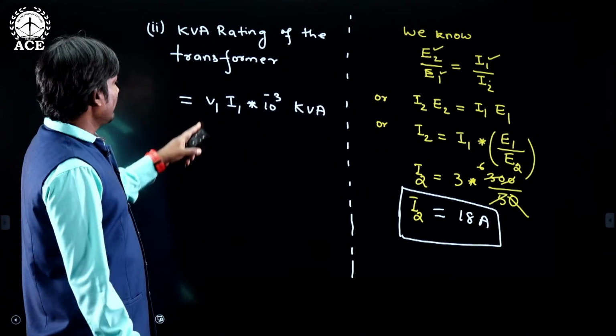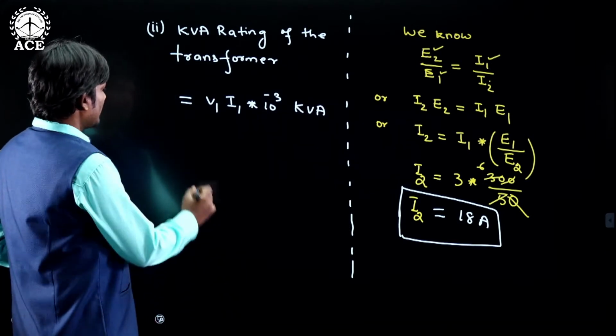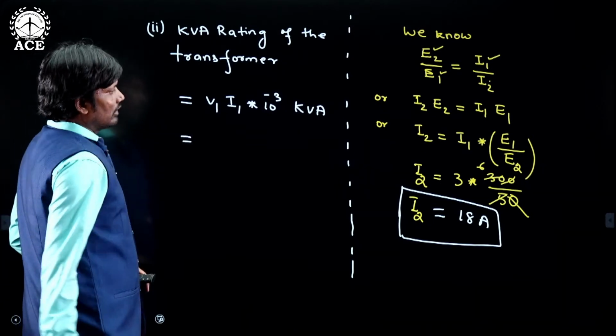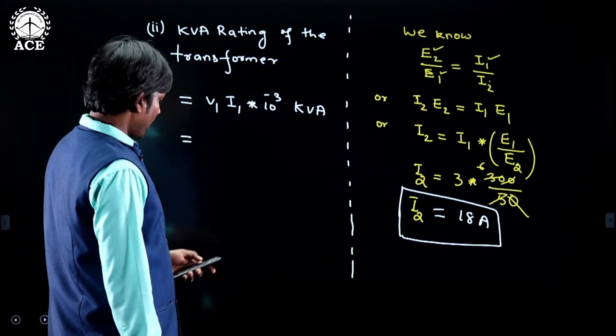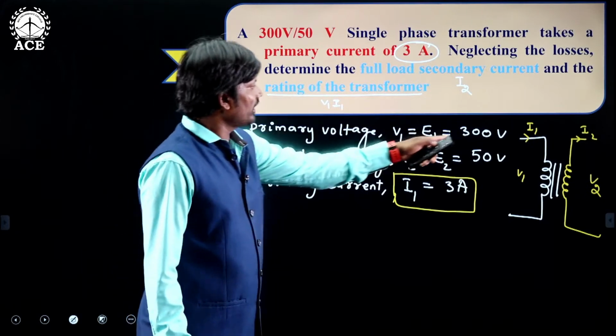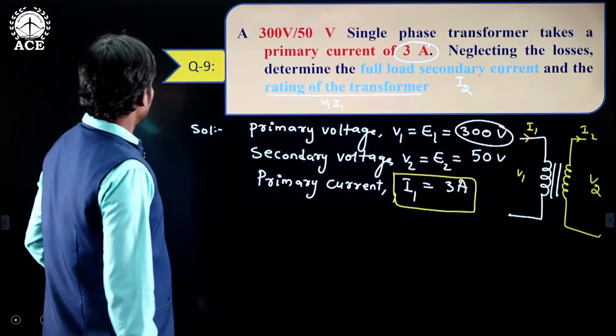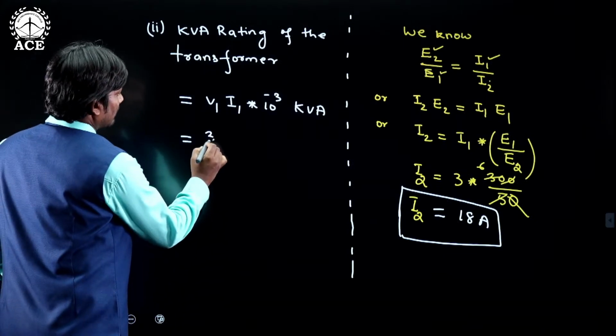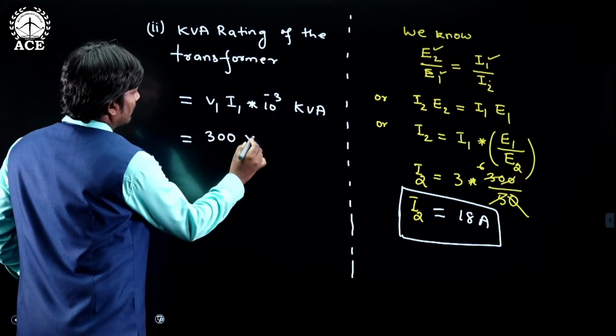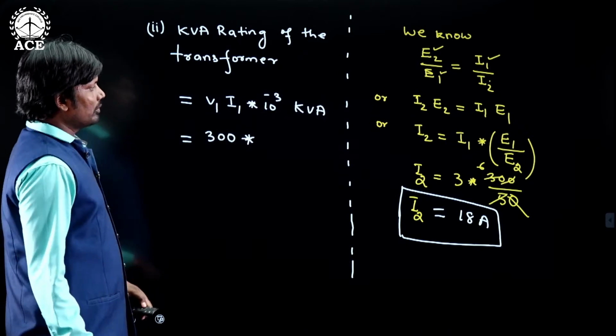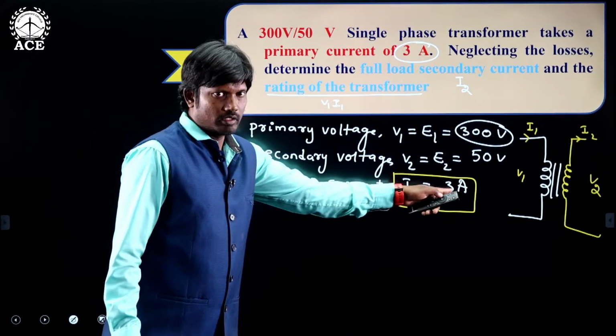Now substitute the value of V1 and I1. What is V1? V1 is 300. I1 how much? The I1 is 3 amps.